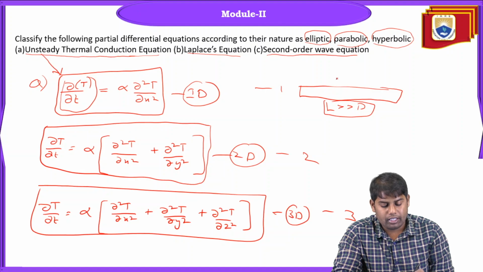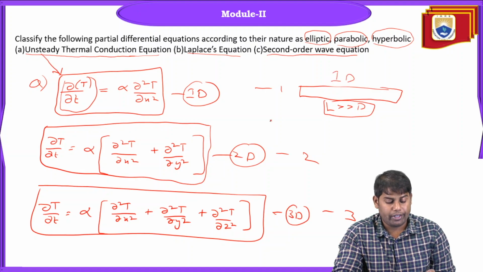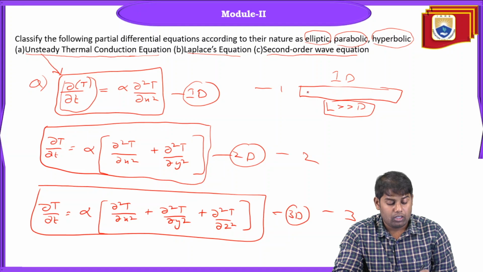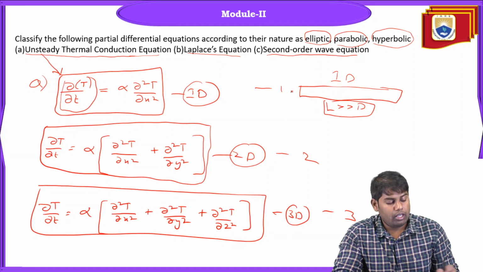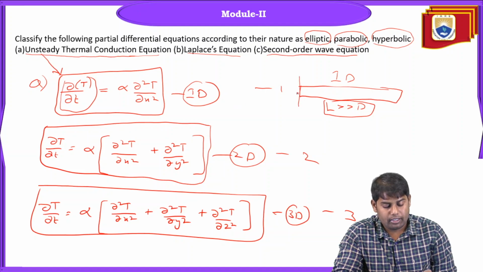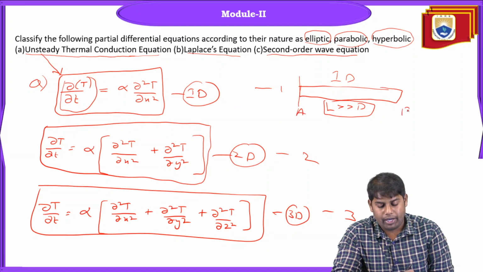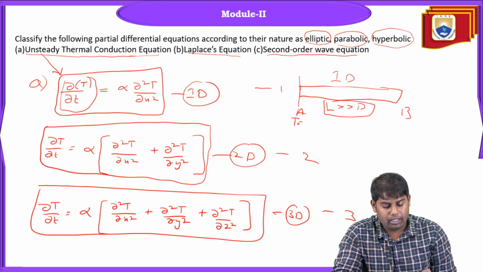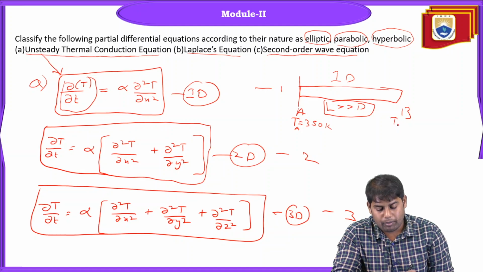Then we can say this element is 1D. For this unsteady thermal heat conduction, let us say we have end A and end B. At end A, the temperature TA is, let's say, 350 Kelvin, and at B, TB is 280 Kelvin.